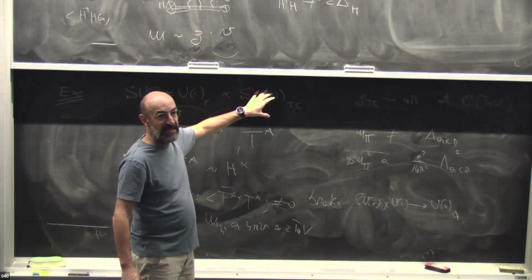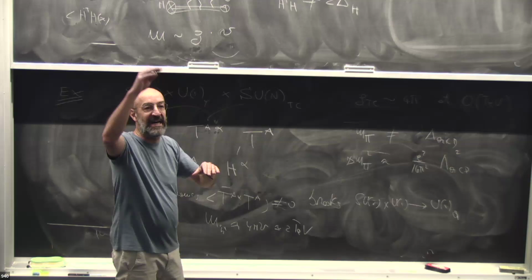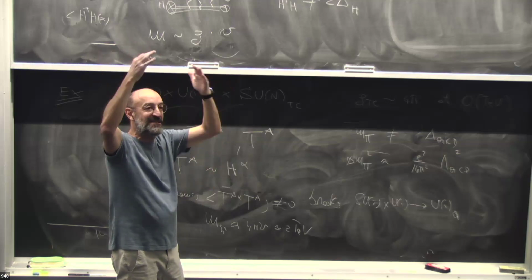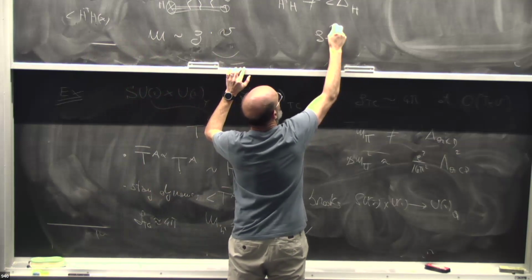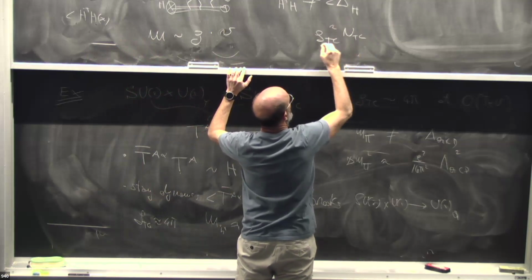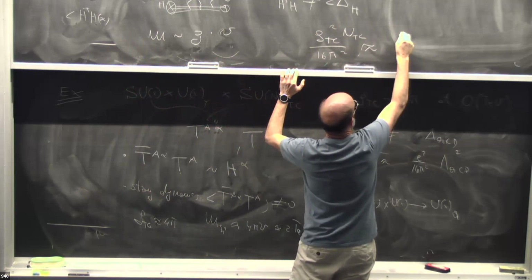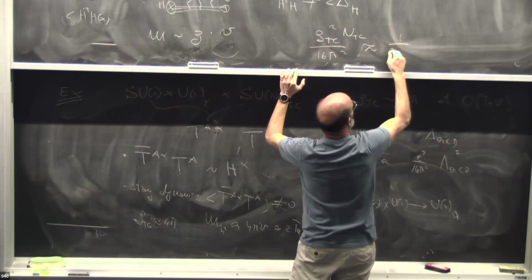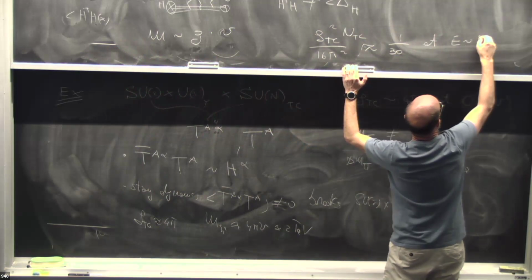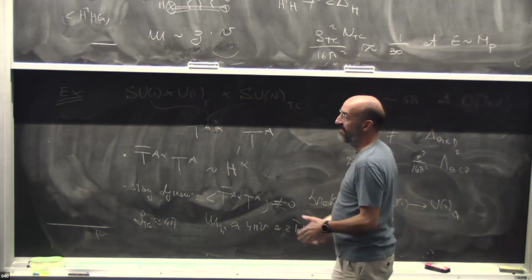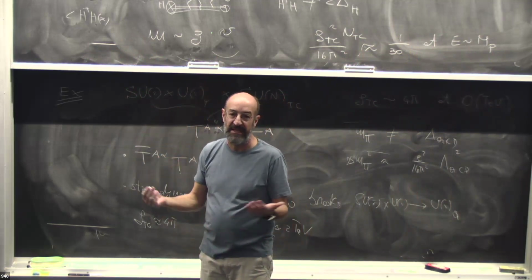So you are precisely in the condition of marginality. If the technicolor coupling starts not maximally strong, but say if G_TC times N_TC, number of technicolors, over 16 pi square is about, I don't know, 1 in 30 at energy of order Planck, then it takes a lot of running before it becomes strong, and the hierarchy is natural.